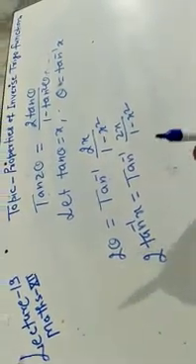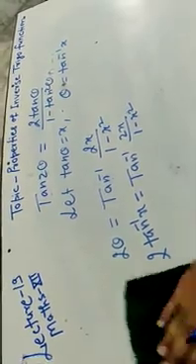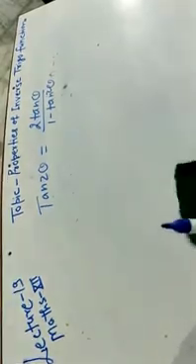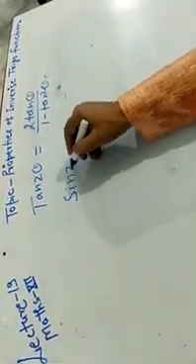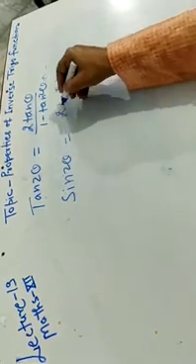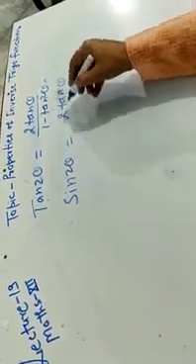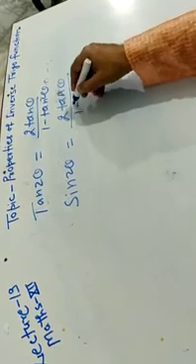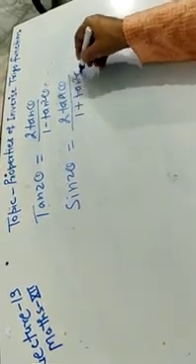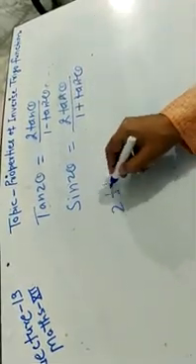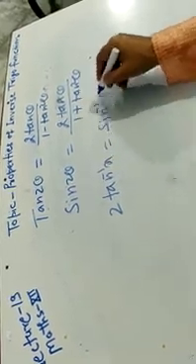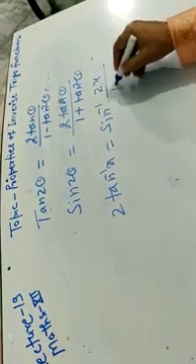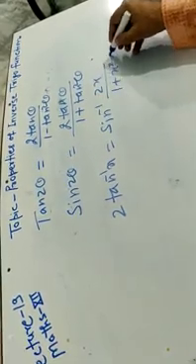Similarly, you can take the formula of sin 2 theta equals 2 tan theta by 1 plus tan square theta. You write 2 tan inverse x equals sin inverse of 2x by 1 plus x square.